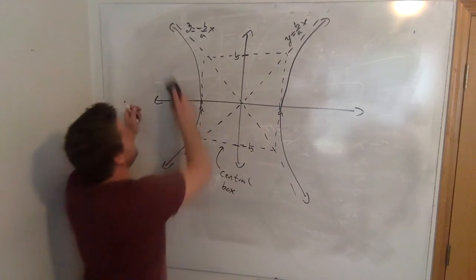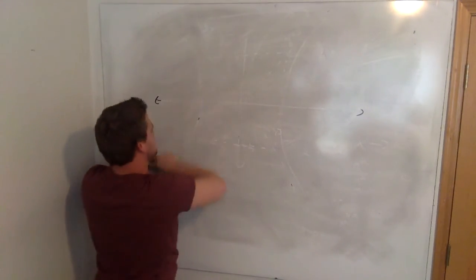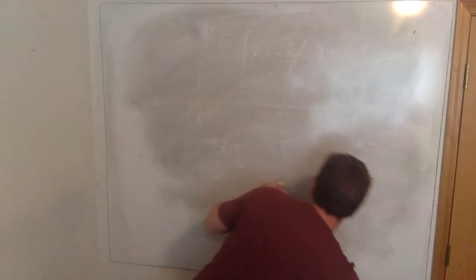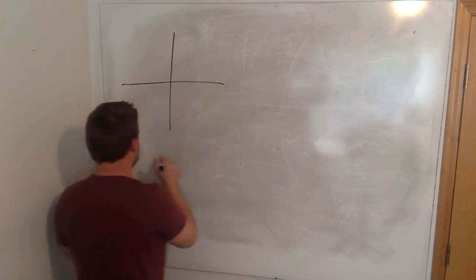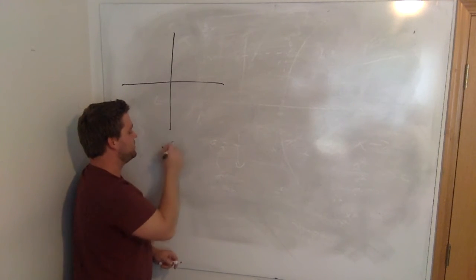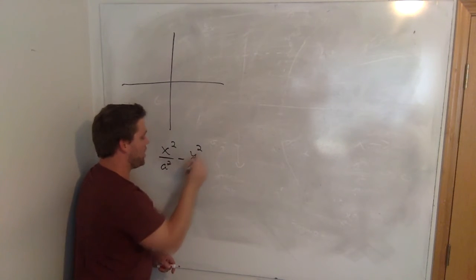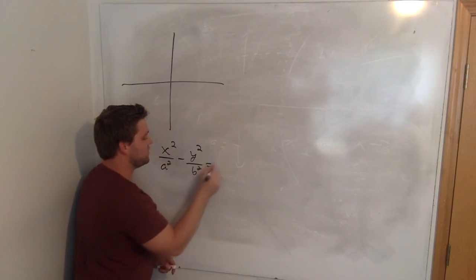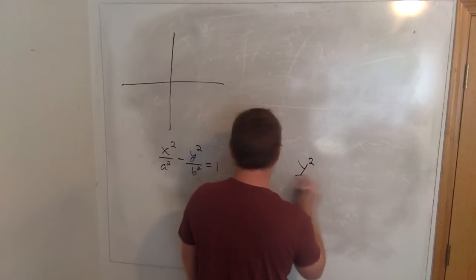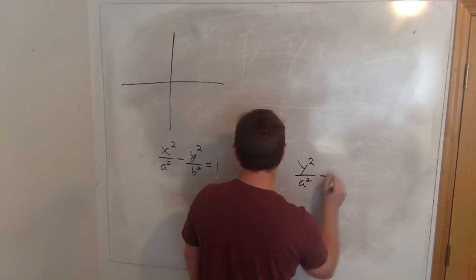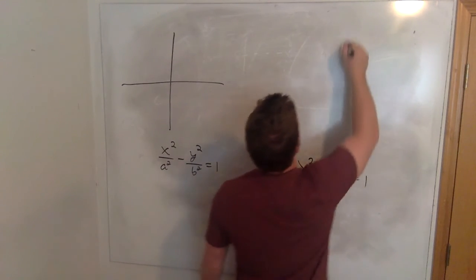Okay, let's summarize with both pictures. If we have x squared over a squared minus y squared over b squared equal to 1, or y squared over a squared minus x squared over b squared equal to 1.